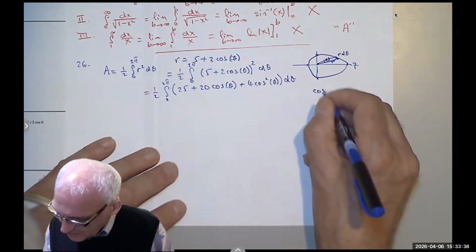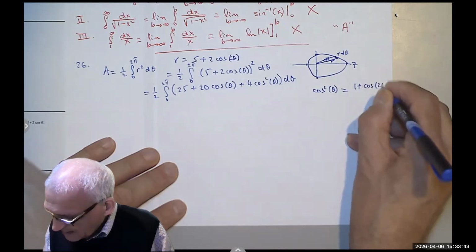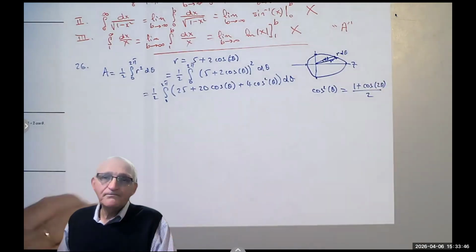We know that cos square theta equals 1 plus cos 2 theta over 2, right?